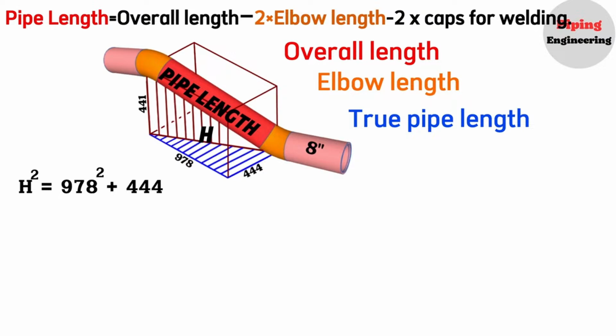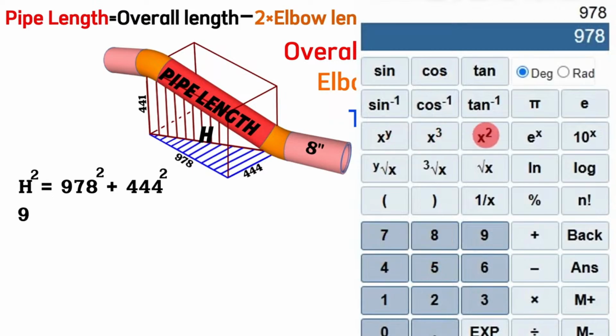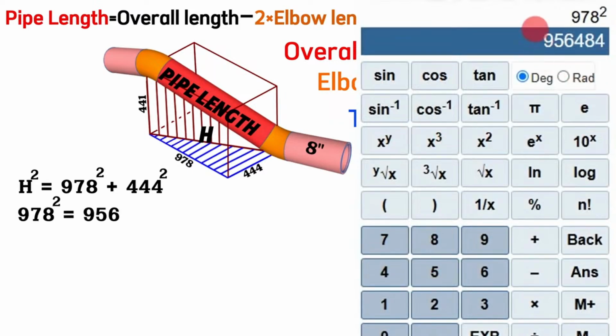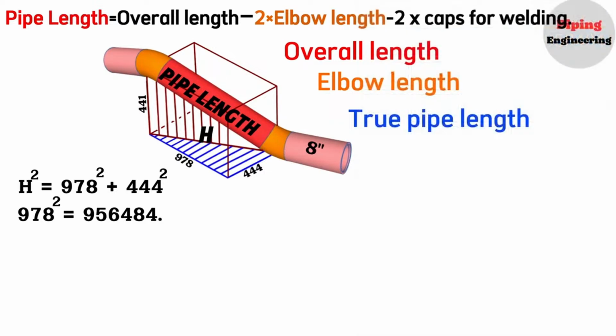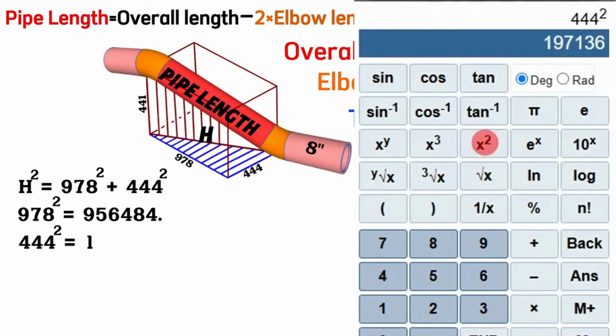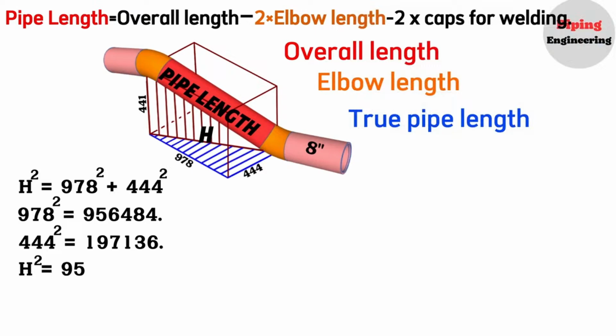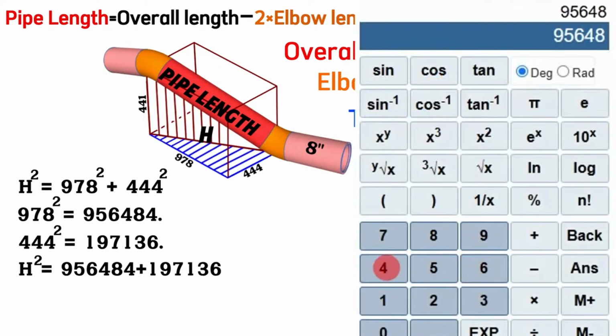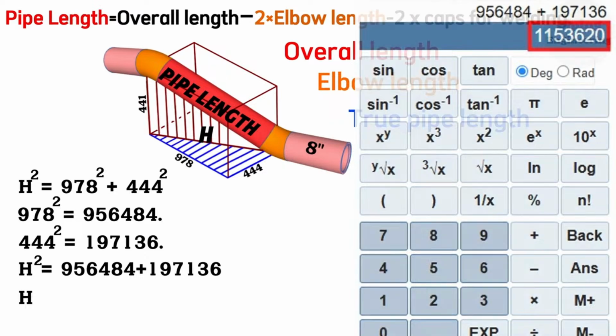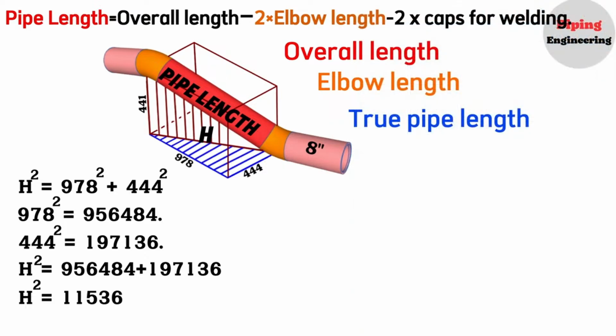According to the Pythagorean theorem, the square of the hypotenuse H will be equal to the sum of the squares of 978 and 444. Using a calculator, we find that the square of 978 equals 956,484, and the square of 444 equals 197,136. So, H squared will equal 956,484 plus 197,136, which equals 1,153,620.